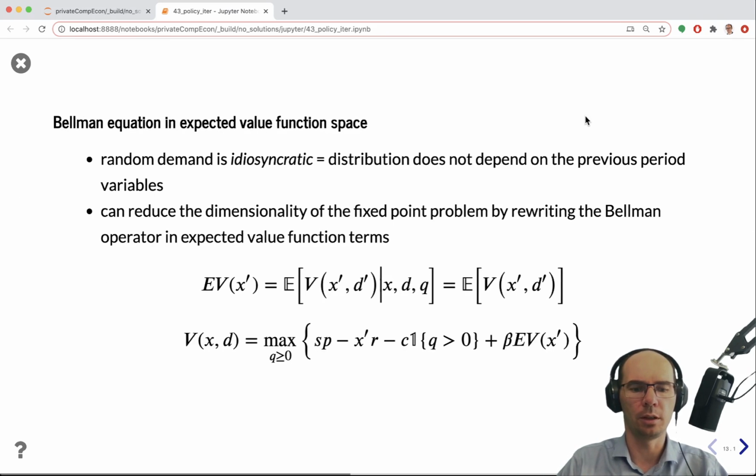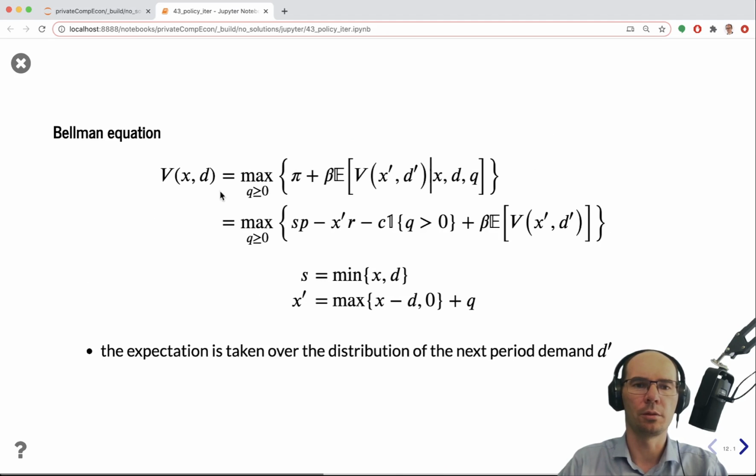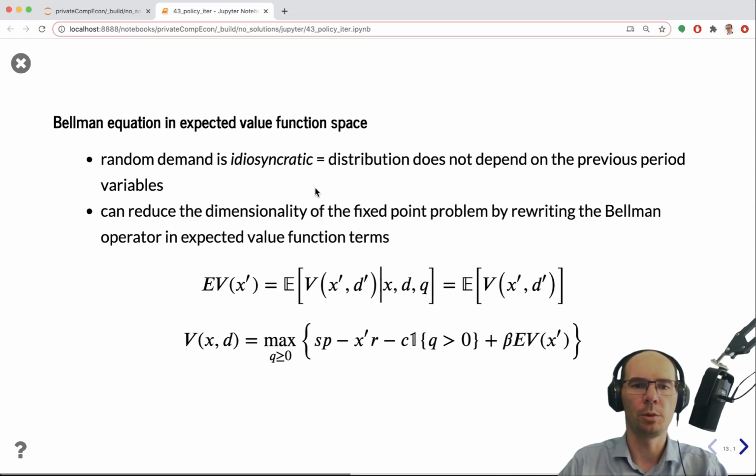The expectation here is taken over the next period demand D prime, and as we just said, it is idiosyncratic, and so it makes a lot of sense to convert the problem from the value function space, like here. This Bellman equation is an equation in the value function space, where the value function is a function of x and d, and we can convert it into the expected value function space, where the expected value is a function of x alone.